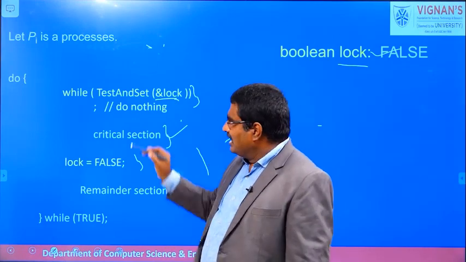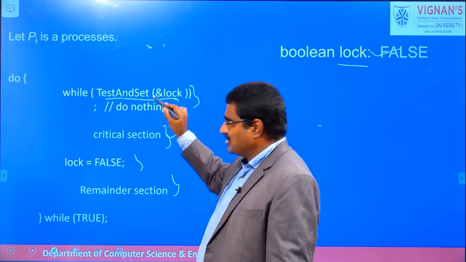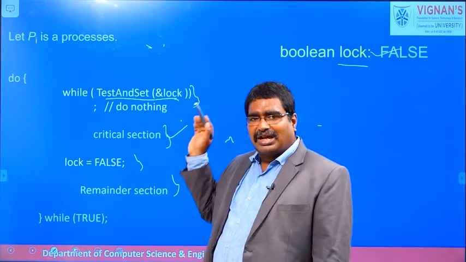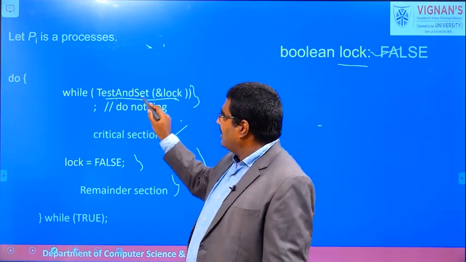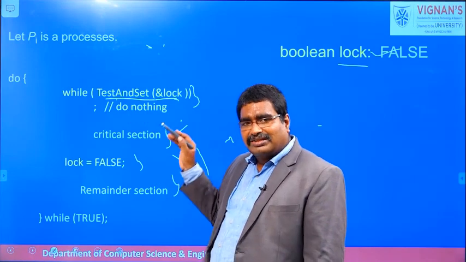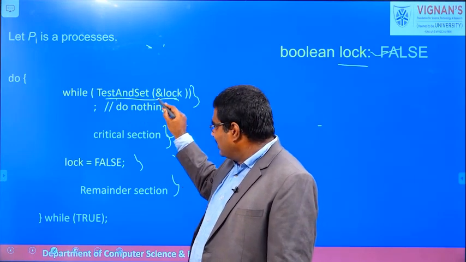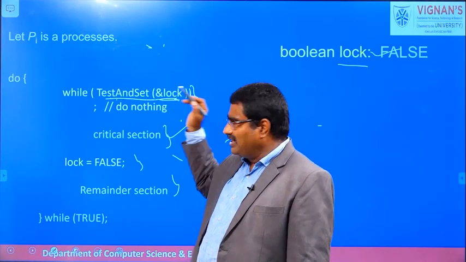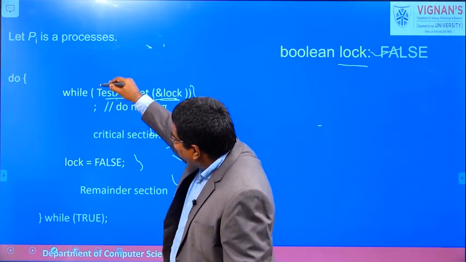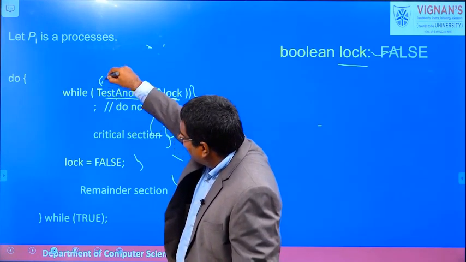That is nothing but it simply calls the TestAndSet function. Already we know that lock is a Boolean variable and its initial value is false, and once we call the TestAndSet function, whatever value exists in the lock variable is returned. So lock is false, so TestAndSet returns the value false.